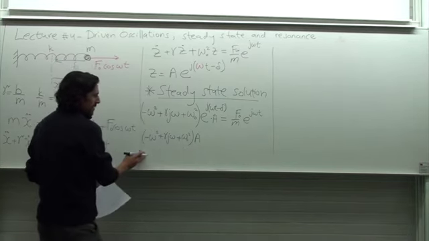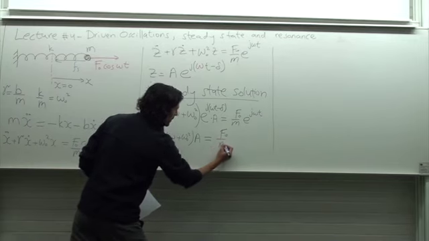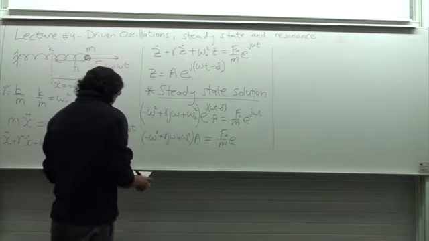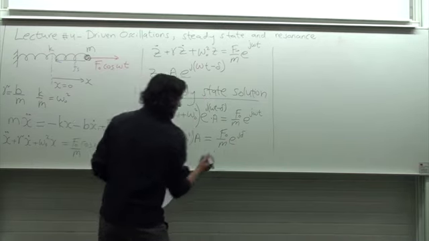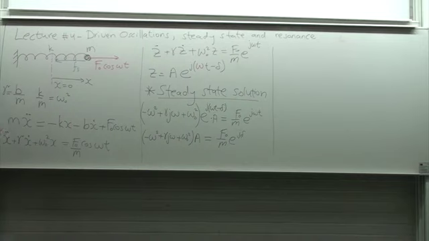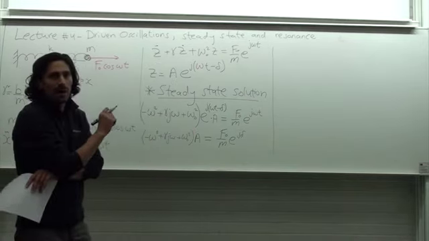So on the left side this is what I have, and on the right side I would have F0 over m, and then e to the power j delta. I didn't want to have it with a minus sign.